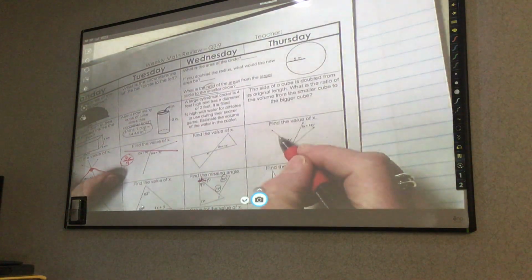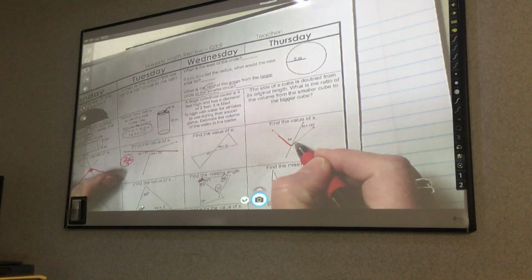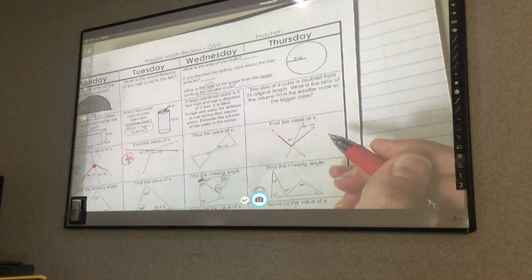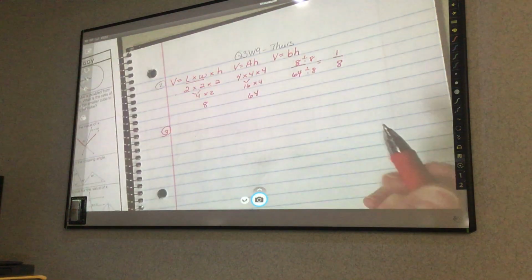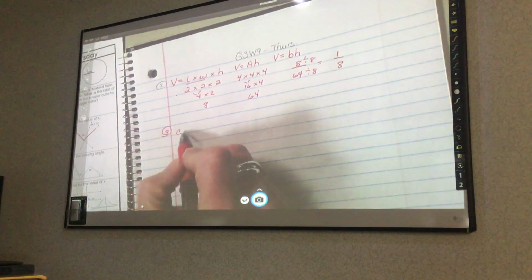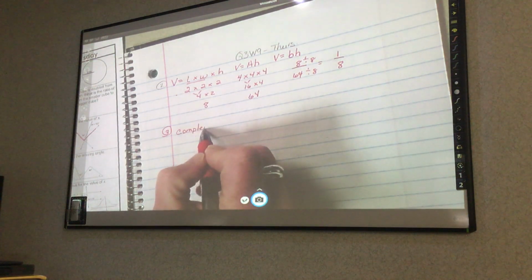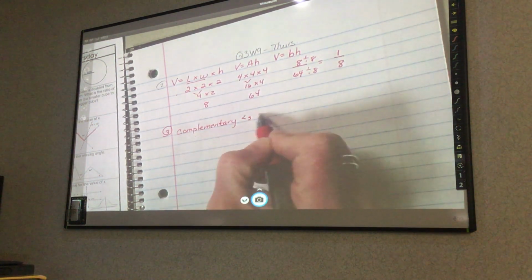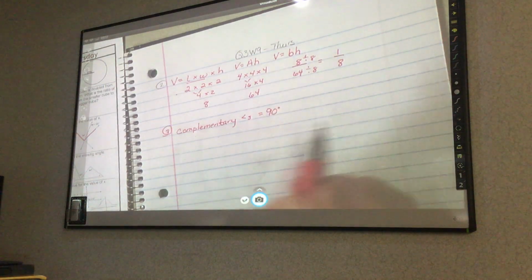what do these angles have to add up to be? What do they have to add up to be? Now, what do we call those? Write it down. Complementary. The more you write it down, you're going to get it memorized.